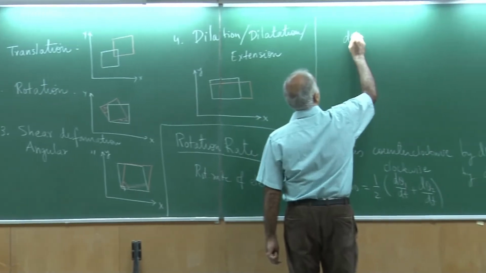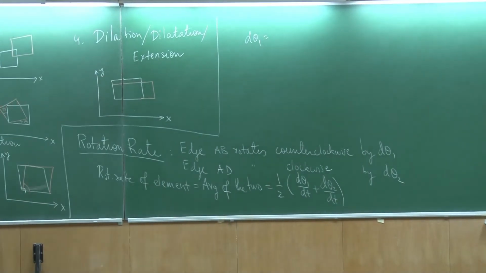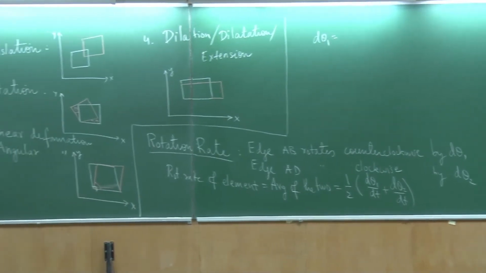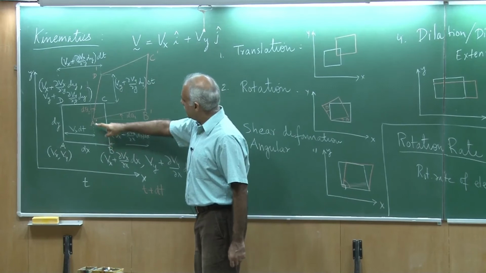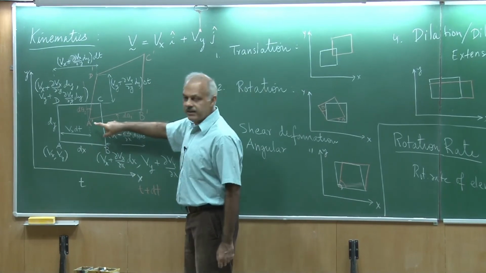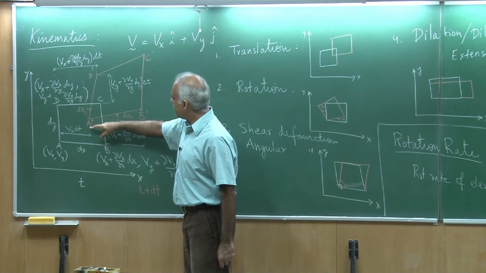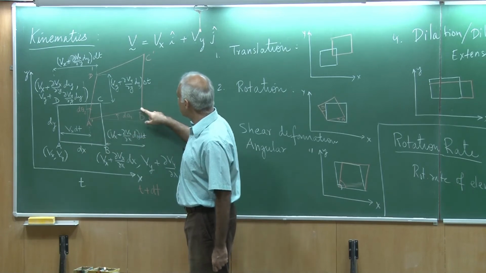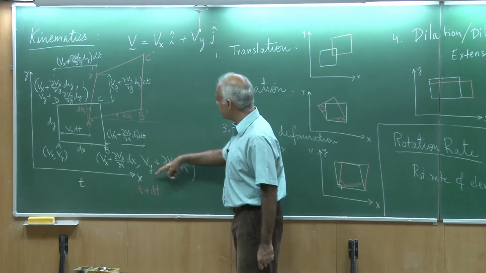So, what is d theta 1? D theta 1, as you can see, is this little distance here, and it is very easy to see that there is a difference between the vertical location of B prime and A prime, because the vertical velocity of the two are different, and they are actually different by this amount.